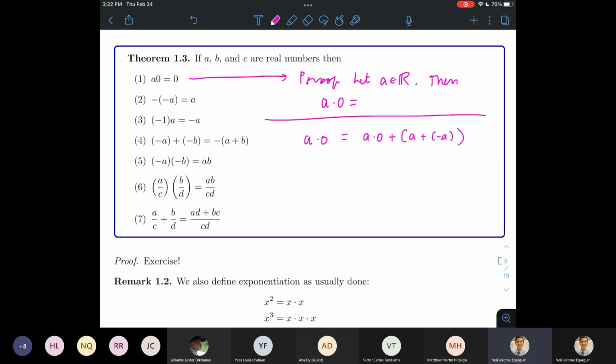All right. Yeah, we can do that. Kasi yung A plus negative A, alam natin, equal lang yan kay 0. And 0 is the additive identity. So adding 0 or something equal to 0 will not change the given quantity. So that's fine.